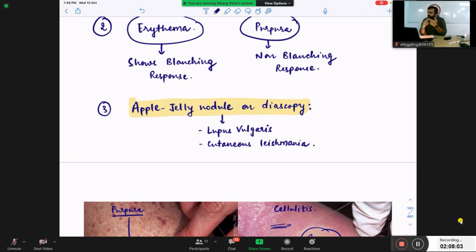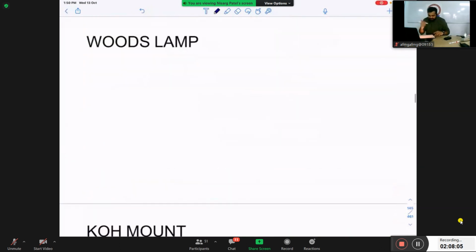Generally what I tell students is, remember cafe means coffee, coffee color. So remember, cafe au lait spot is seen in neurofibromatosis.